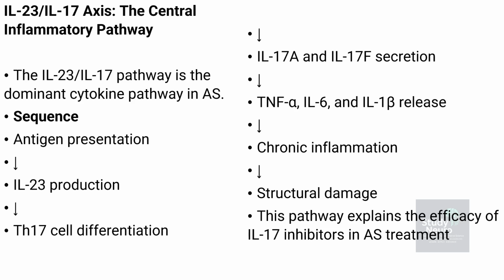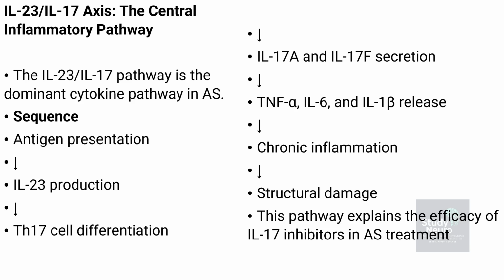The interleukin 23 and interleukin 17 pathway is the main inflammatory pathway in ankylosing spondylitis. It drives much of the immune response that leads to persistent inflammation and later structural damage. This pathway is central. The process begins when immune cells present an antigen, which stimulates the production of interleukin 23.